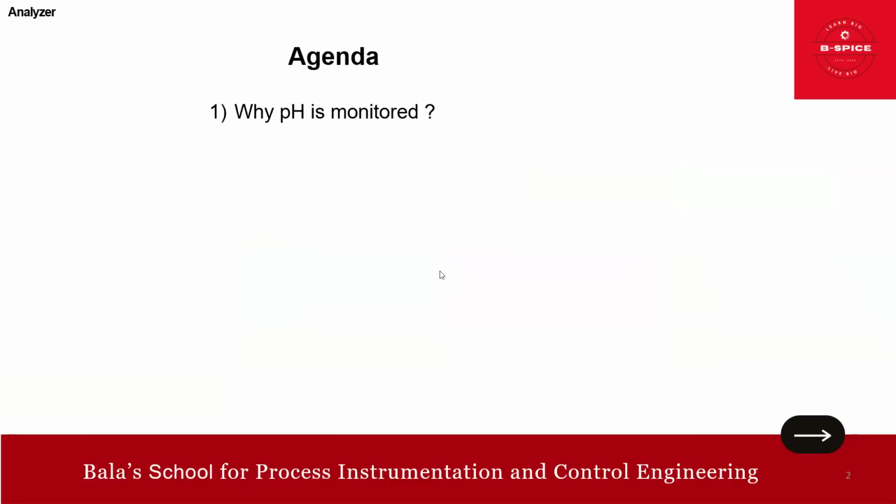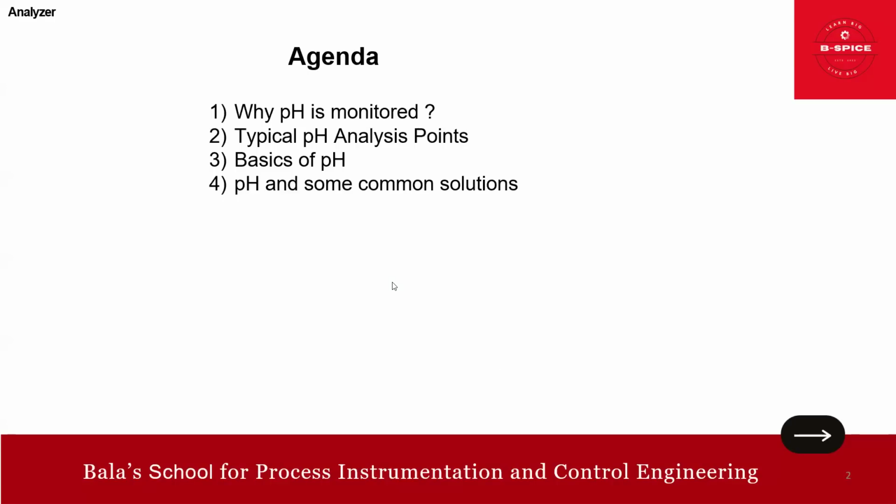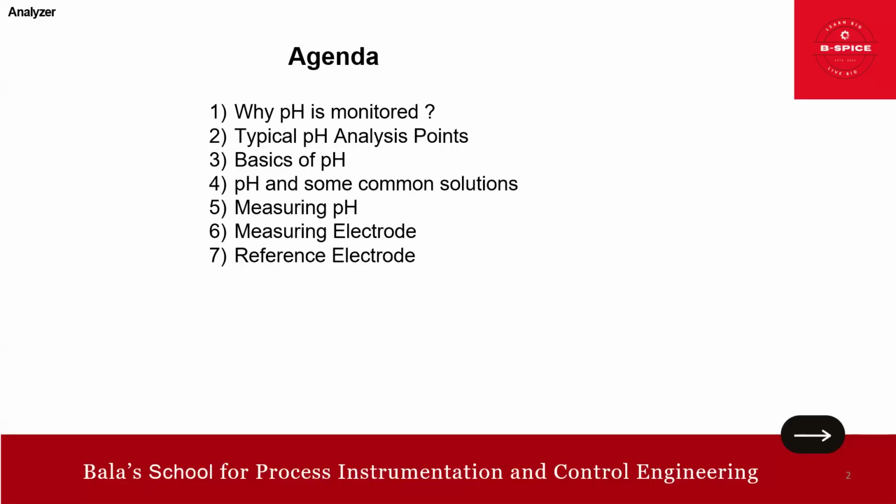The agenda has a lot of questions actually. Why is pH monitored? Typical pH analysis points, where all we use this. Then the basics of pH and pH of some common solutions. Then measuring pH, the principle. Measuring electrode and also the reference electrode.